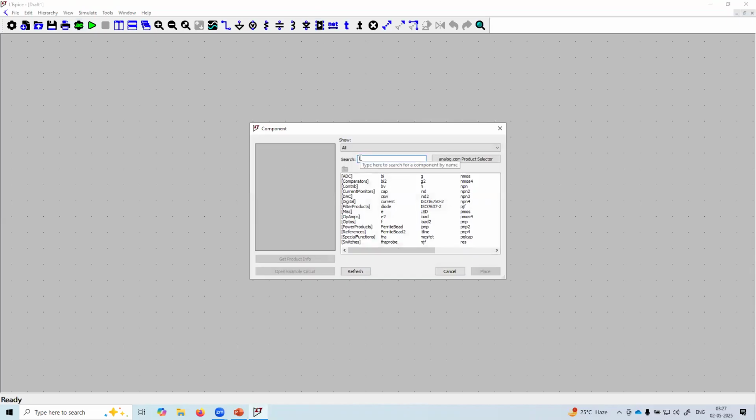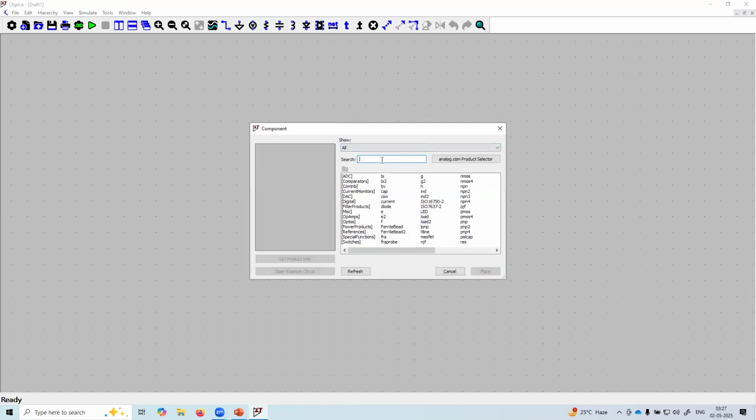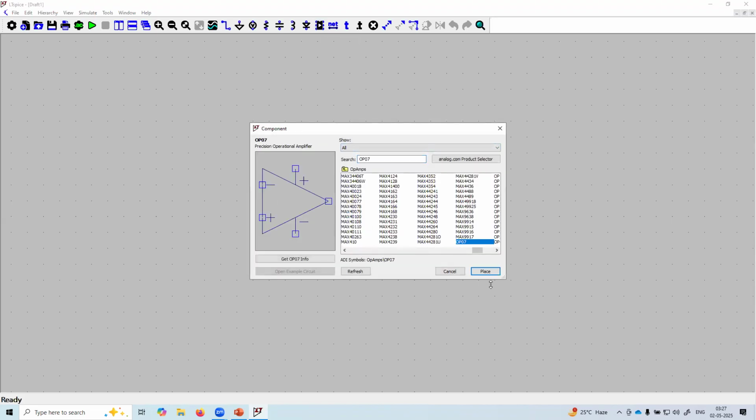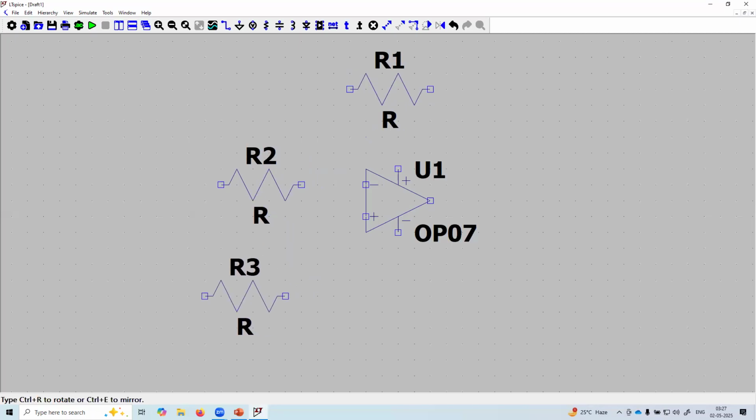To take the components, we have to go to the component section and type op-amp. First, I am taking the op-amp, so take it and place it here. Now I have to take the resistance, so I have to rotate it. Capacitor will become here.